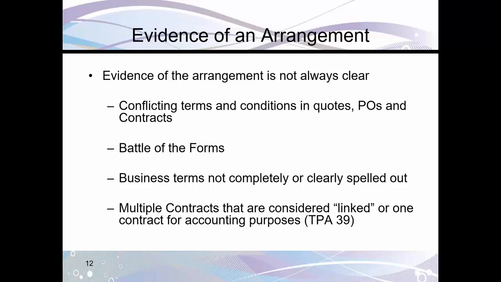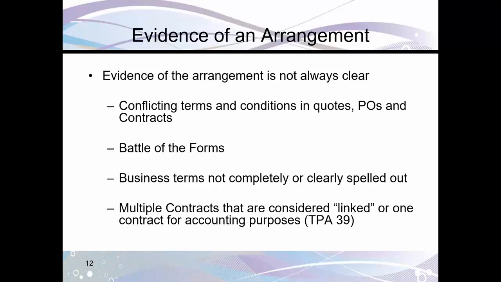If they're looked at as a whole and one of them has significant discounts and those discounts get applied to all the elements of the arrangement, then the initial one of the contracts, if we recognized it separately, might have a higher value. If we've got multiple contracts and we determine that they are one contract for accounting purposes and one of those contracts hasn't been signed yet, well, then we don't have a completion of our evidence of arrangement.